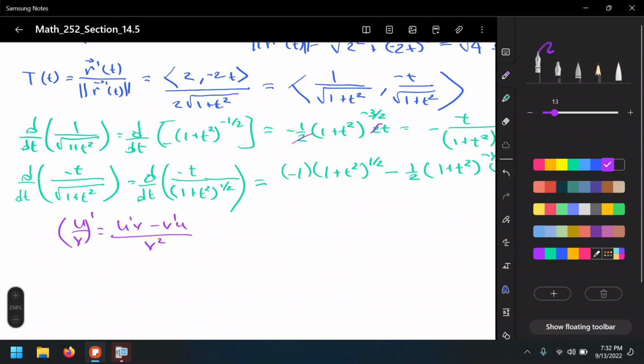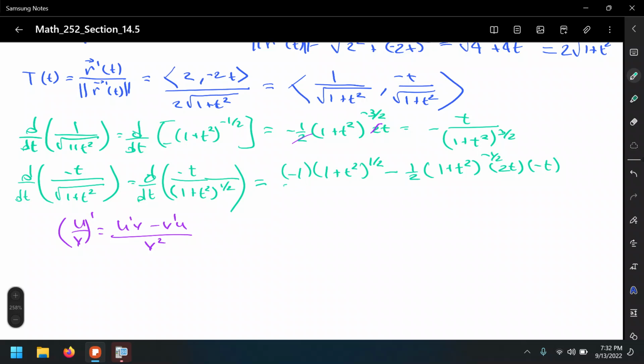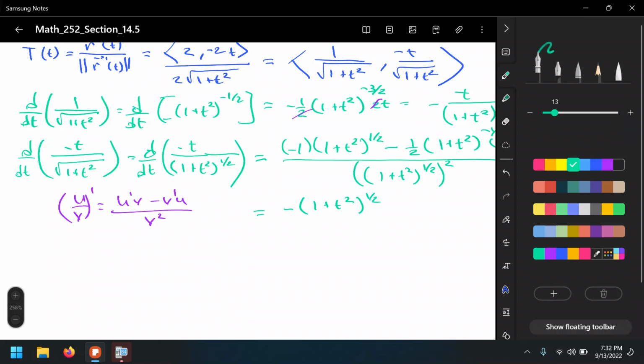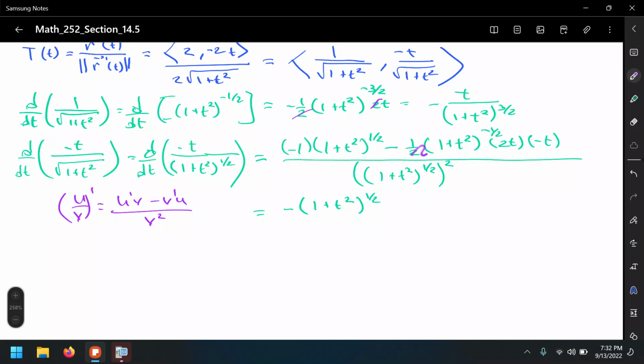Okay? And let's divide everything by the denominator squared. That's 1 plus t squared to the 1/2 quantity squared, which will reduce really nicely. Alright? And this will be number 1. This is negative 1 plus t squared to the 1/2, and number 1, let's reduce this to lowest terms as possible.